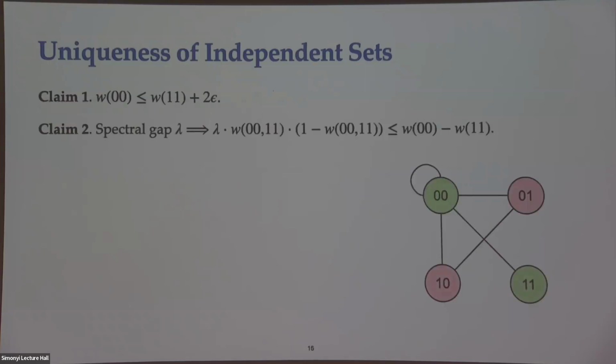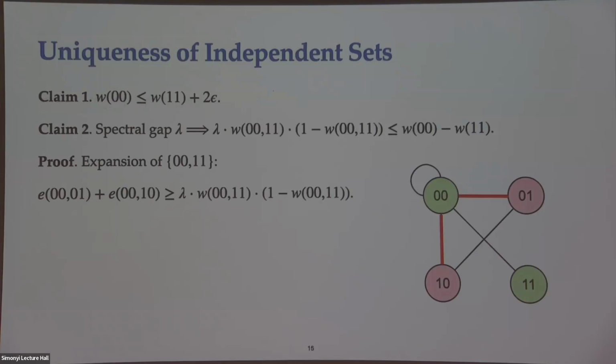Sorry about this, I should have mentioned it: E denotes the weight of the edges across clusters, and W just means the size of the clusters. So 0,0 and 1,1 means the sum of these two clusters.